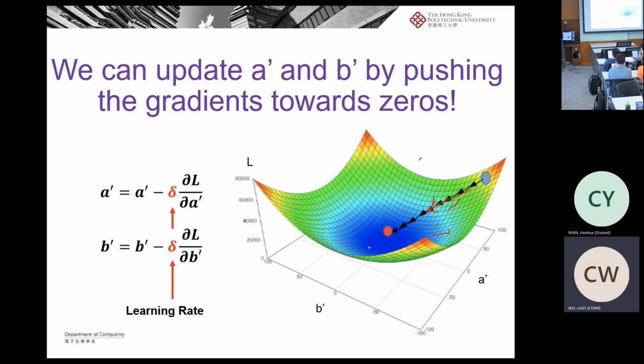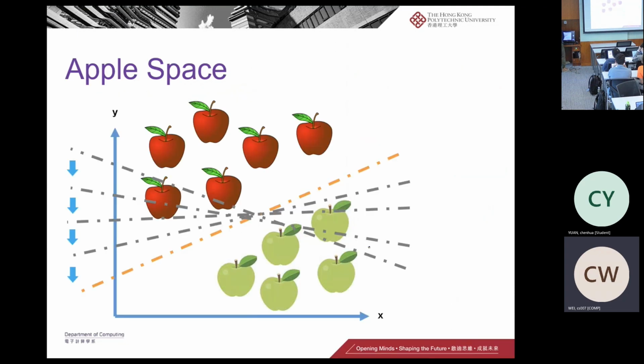Let's go together. So what happened here, because we keep changing the parameter, is at the very beginning we have A prime, B prime selected, which defines this line.